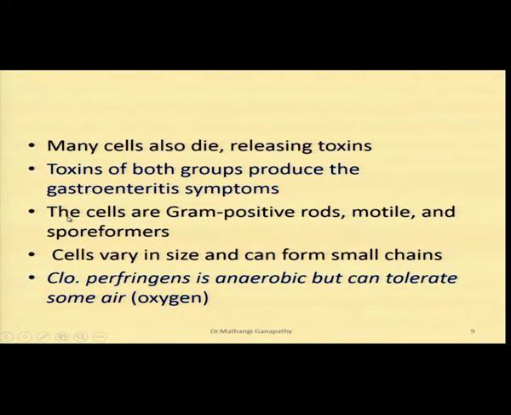In the case of Clostridium perfringens, they are gram-positive rods, non-motile, and spore formers. The cells vary in size and can form small chains. This is anaerobic, but to some extent it can tolerate air, or oxygen.